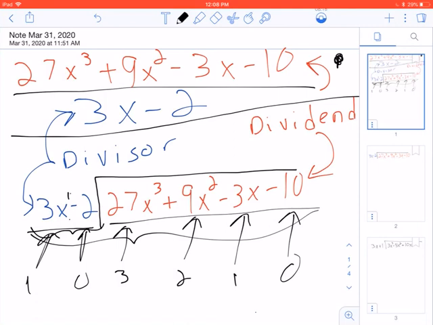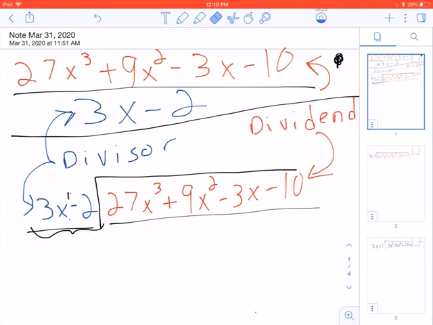The last thing I'll mention, and this is me getting a little bit ahead, is what we're going to look at tomorrow. Sometimes when you do a problem like this, let's say this one just didn't have a 9x squared term. Sometimes you're missing a term. Whenever you're missing a term, you need to fill in that term with a placeholder.